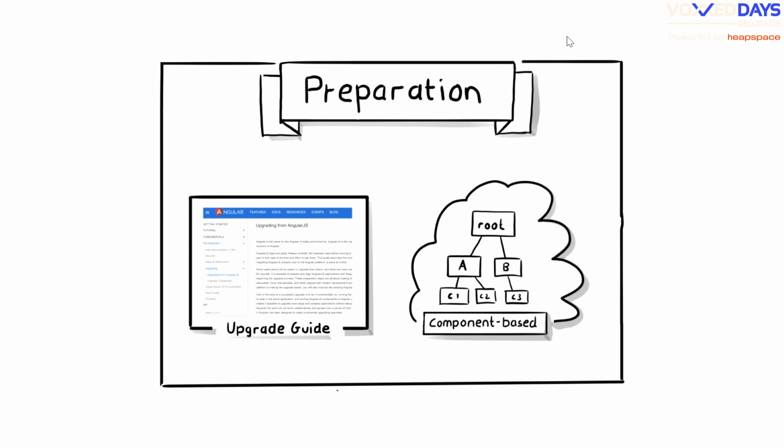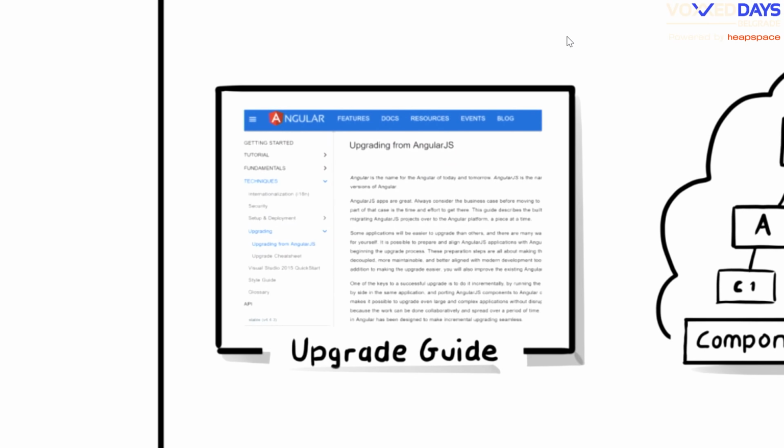So when you prepare, there's an excellent guide from the Angular team itself. They really cover the whole topic of how you prepare your Angular 1 application and how you can then do the migration itself. So we're not going to go into this topic in our talk because you have a very good source here. But we want to highlight just the most important points.